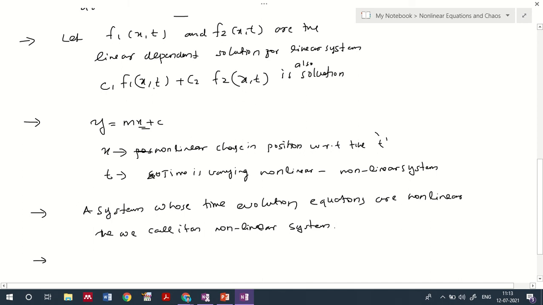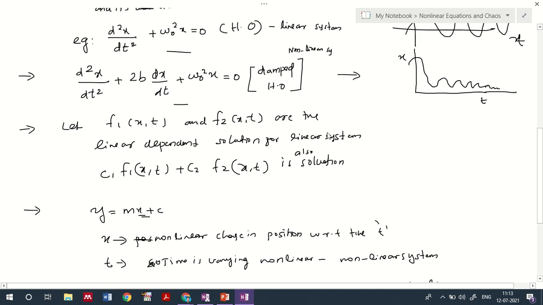Now what is the case of nonlinearity? In the damped harmonic oscillator, we have a time evolution equation, d square x by dt square plus dx by dt plus omega square x. This represents a time evolution equation, that is, a change with respect to time. What does x mean? Normally x is the value at t equal to 0, and dx by dt is the change from t0 to t1.